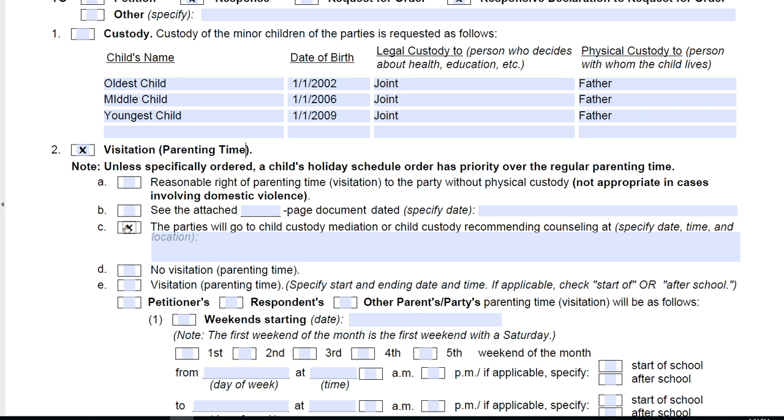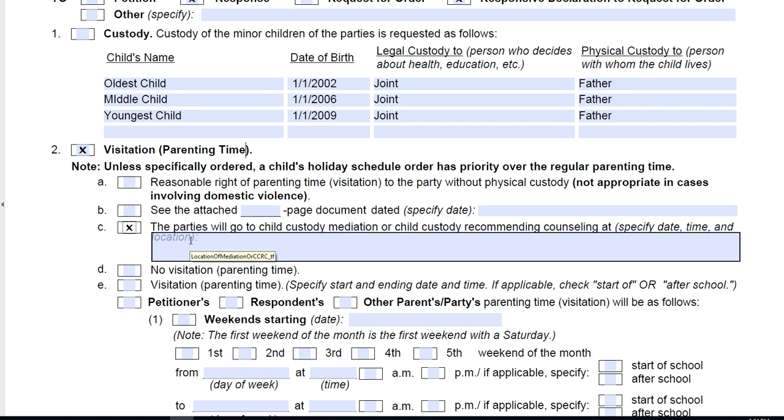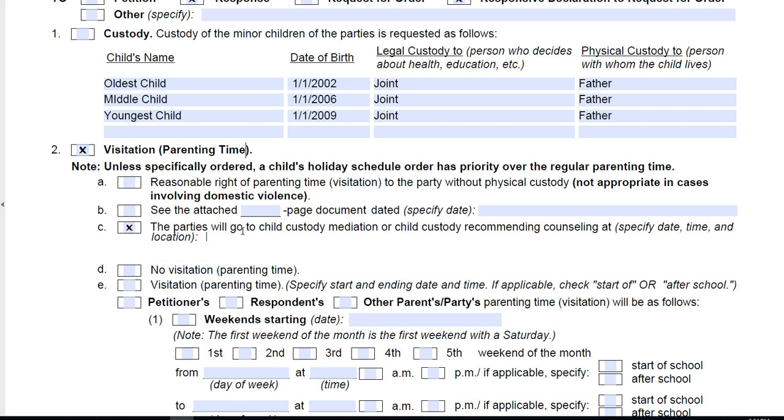Box C on this form is if you and the other parent choose and pay for your own.